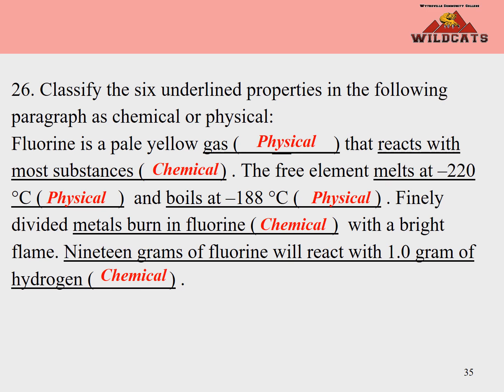We've got the melting point, so that's a physical property. The boiling point is a physical property. If something burns or oxidizes, like the metal burning in fluorine, that's a chemical change. And then 19 grams of fluorine will react with, and it's talking about reacting, so that would be chemical.